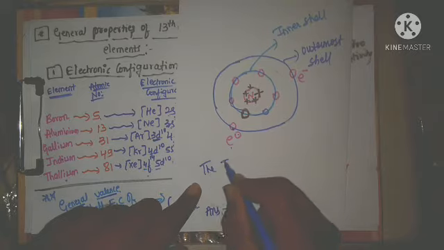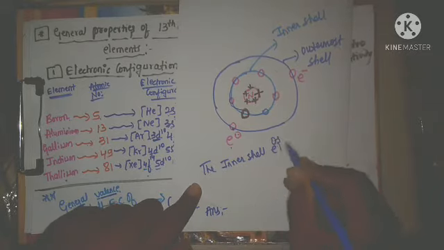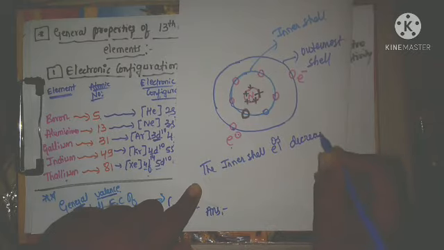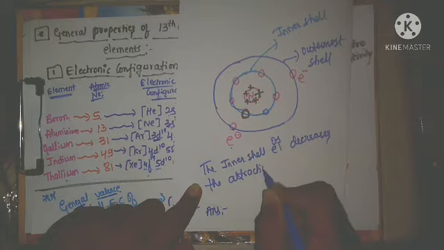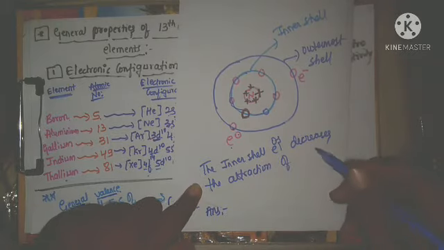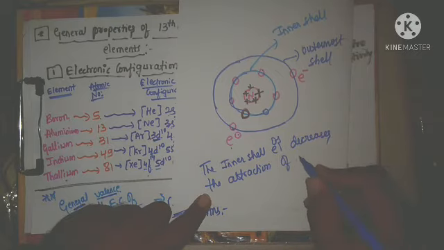The inner shell electrons decrease the attraction of what?